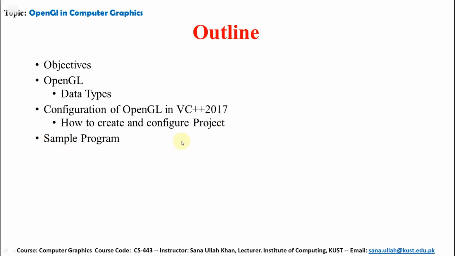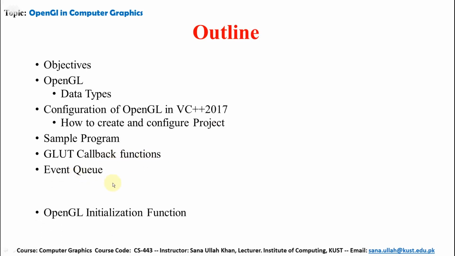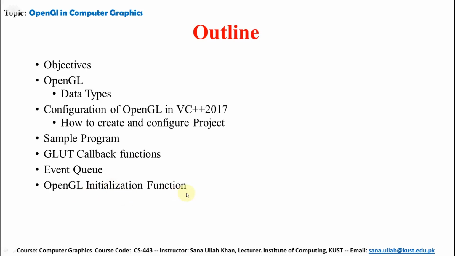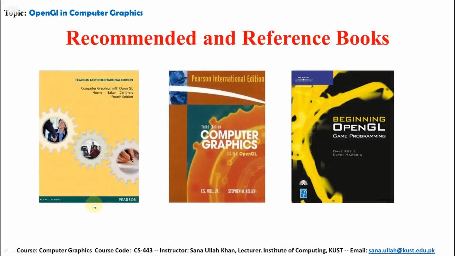Sample program. Glut callback functions. Event queue. OpenGL initialization functions and display functions. This is the recommended in reference books. This one is the recommended book and these two are the reference books.